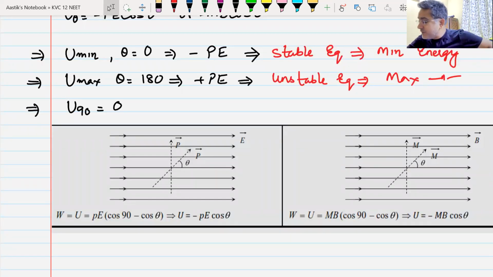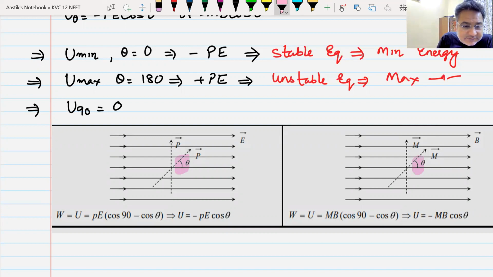Theta is the angle between the dipole moment and the magnetic field. Do you see it? Yes or no? Yes, sir. Okay, you want to draw this diagram?